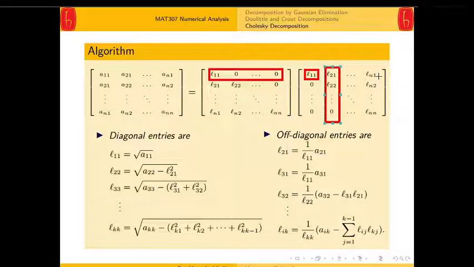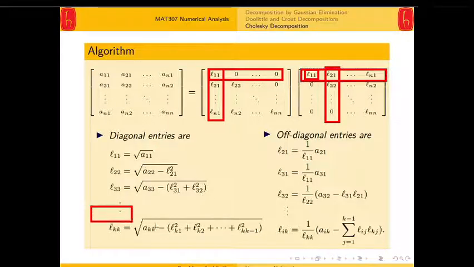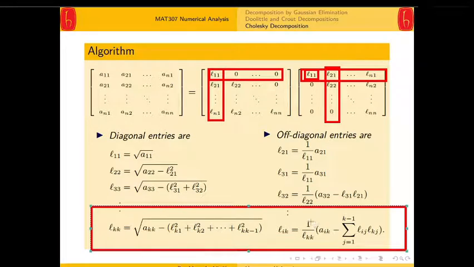So these are how we can find the other entries. If we have these entries, they are the same there, so we are done. This is good news, because if you know the rows of the upper triangular matrix, you already know the columns of the lower triangular matrix, because they are the transposes of one another. So if you follow this algorithm, we can obtain all the entries.